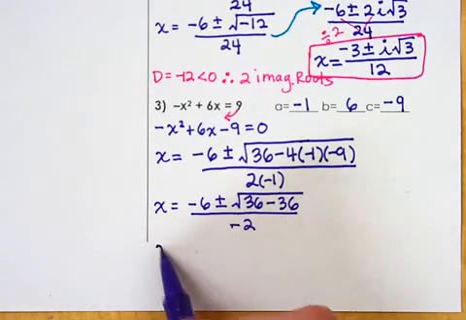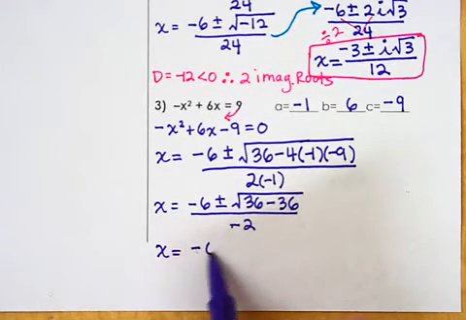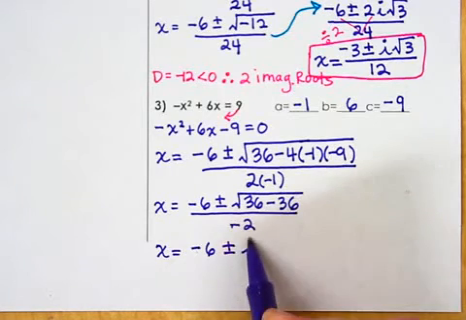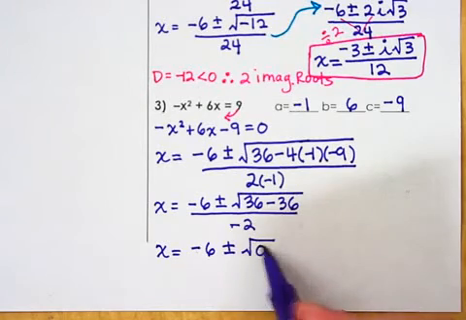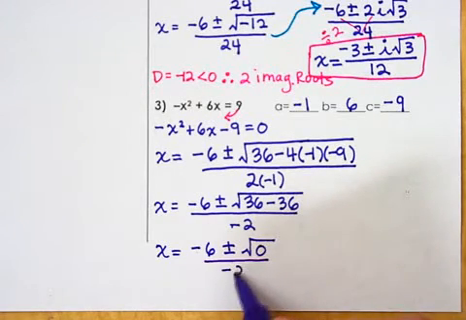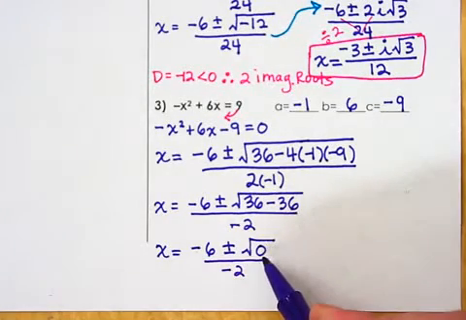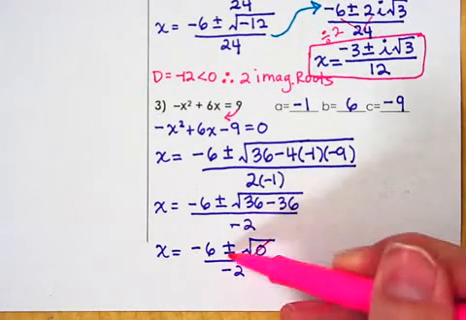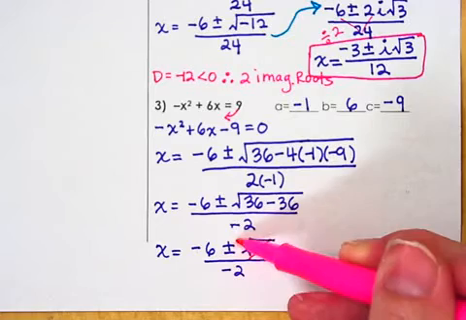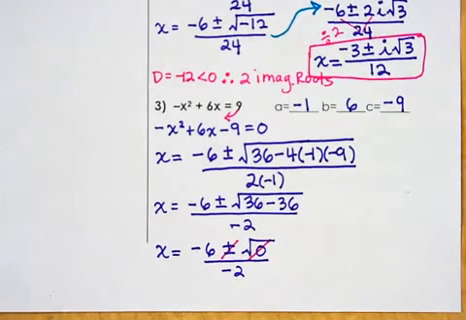And then one more step in here. So negative 6 plus or minus the square root of, well, what is 36 minus 36? That's just 0. Do I really need that? Well, what is the square root of 0? The square root of 0 is 0 as well. So that's gone. And if that is 0, then guess what? I don't need the plus or minus.